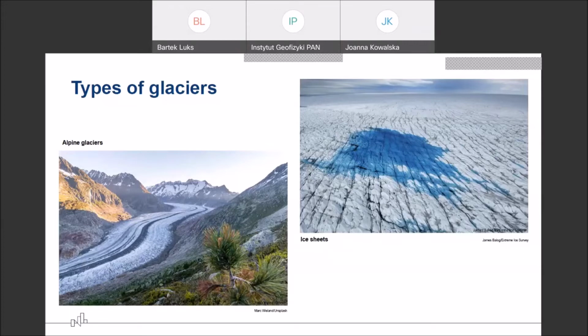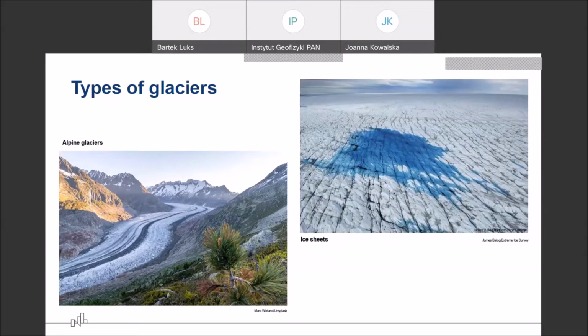The other one are ice sheets, which are big chunks of glacier ice, and they can be the size of a continent like Antarctica, or they can be like 20 kilometers wide, depending on location.